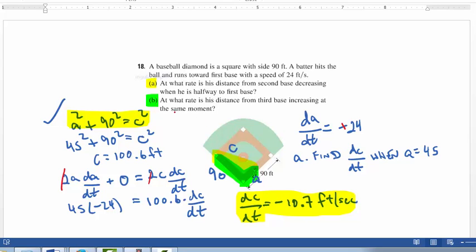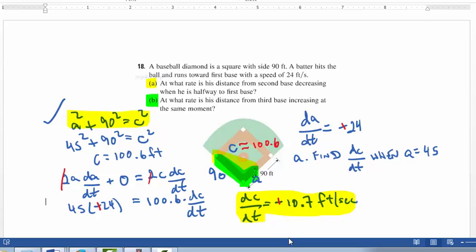I would still have found C. So C is still going to be approximately 100.6, and I would still have the same relationship, A dA/dt equals C dC/dt. And again, the only difference now is the negative 24 would be a positive 24. And then when I divide by 100.6, I would end up with a positive 10.7 feet per second.